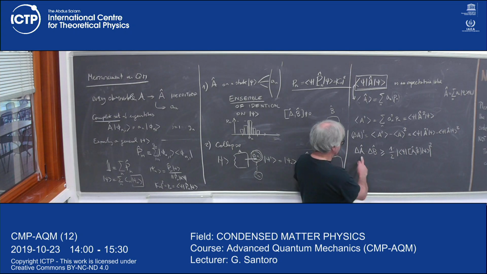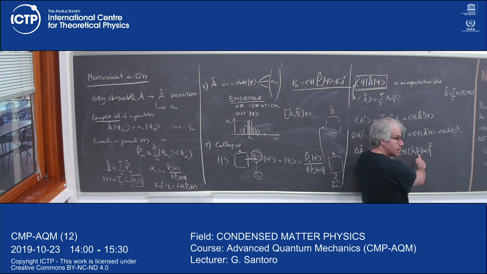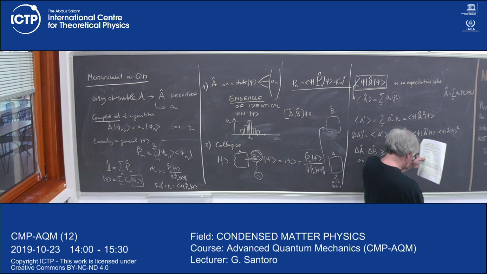In Heisenberg's standard principle I have X and P there. And remember that the commutator of X and P is just i h bar. When you sandwich you get i h bar, the modulo square is h bar square. Okay? This is h bar over 2.